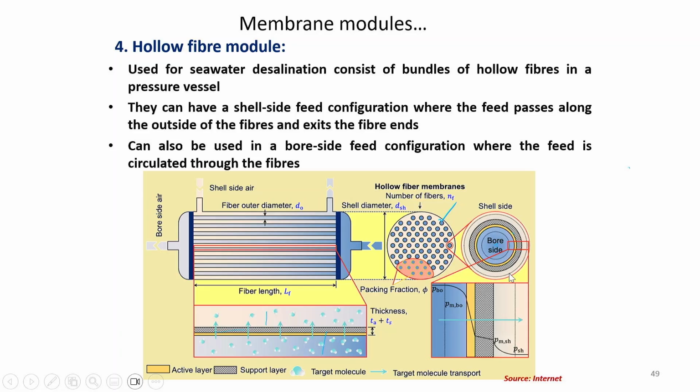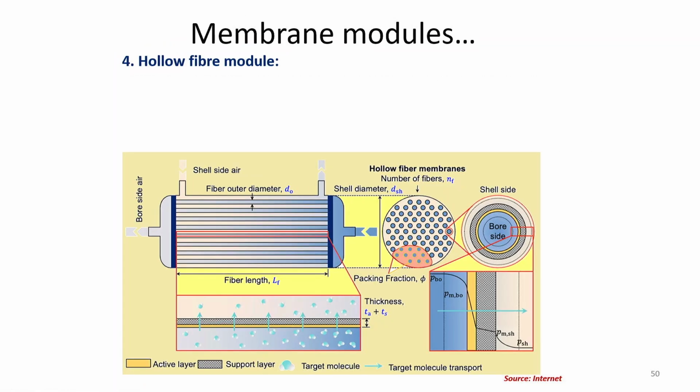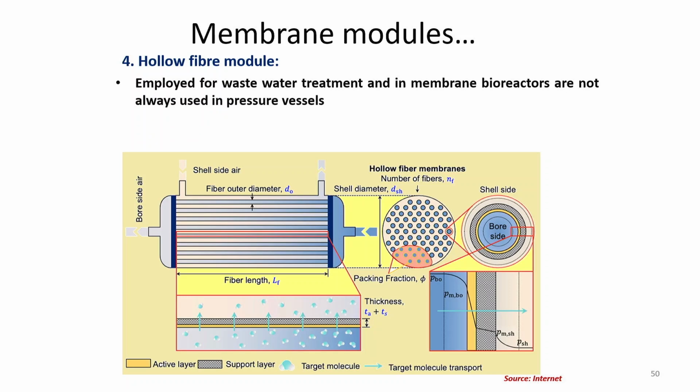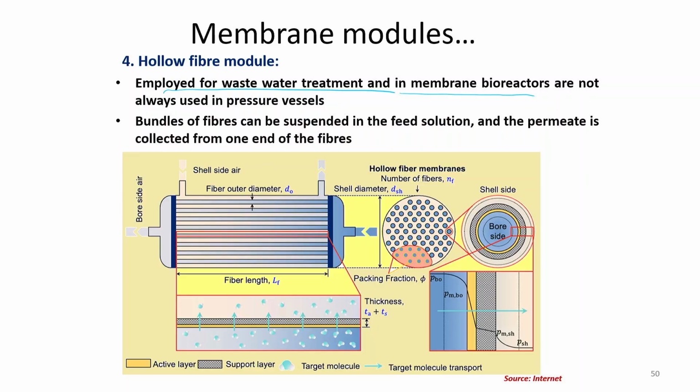Hollow fibers are used here, and this is employed for water treatment. For large scale water treatment plants, we use this type of module. It is employed in wastewater treatment and in membrane bioreactors.